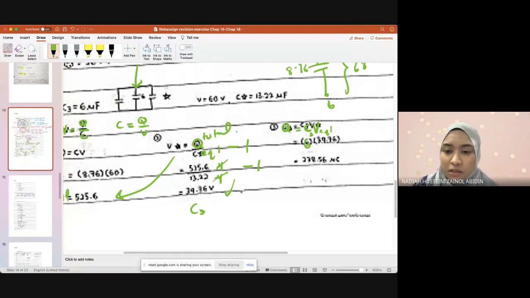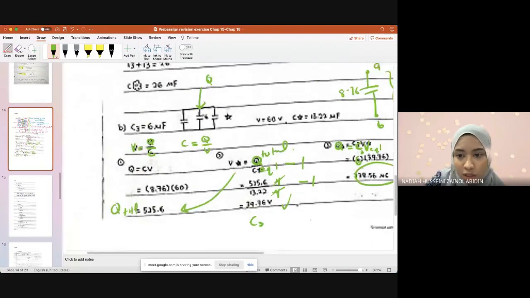So CV, C3 times the V equivalent number 1 will give you the charge at capacitor number 3. So remember, Q for series is the same and V for parallel is the same. This is the highlight for this chapter, knowing that part.